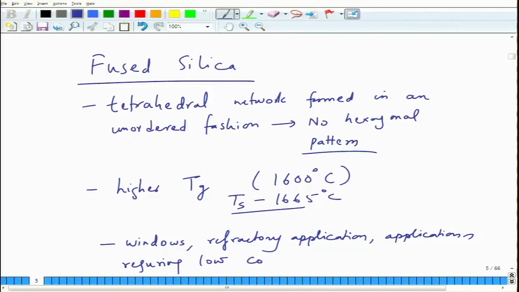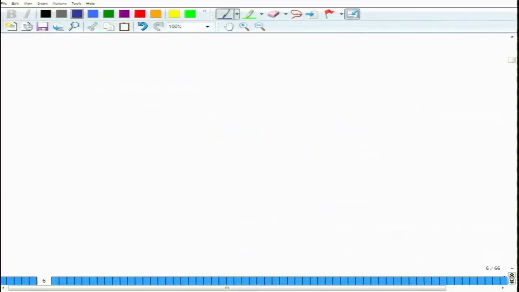So this is the 3D network of the tetrahedra, not arranged in an ordered fashion, but in an unordered fashion.